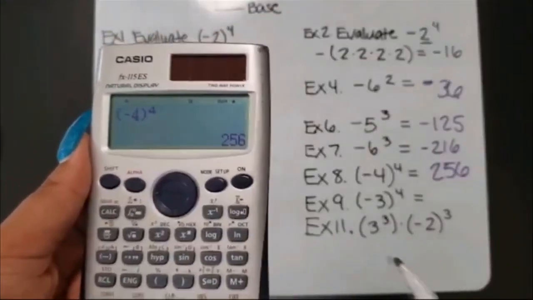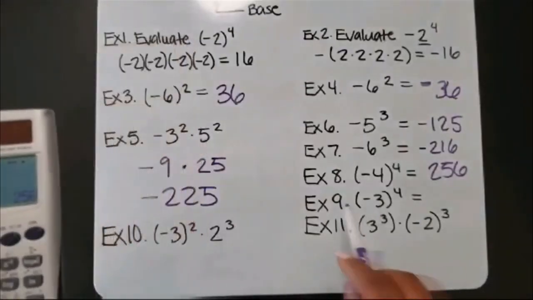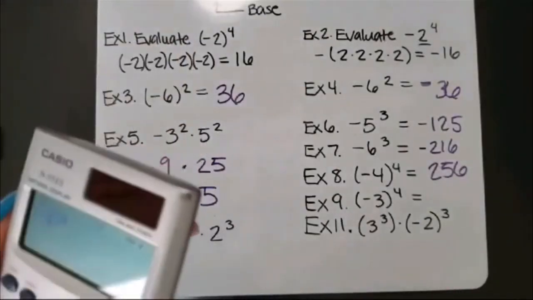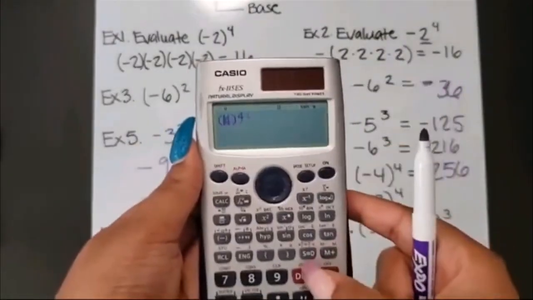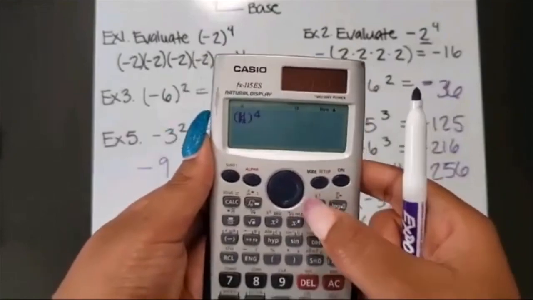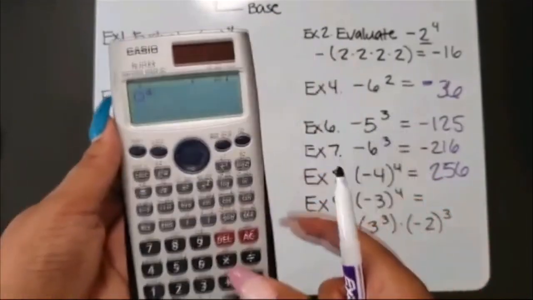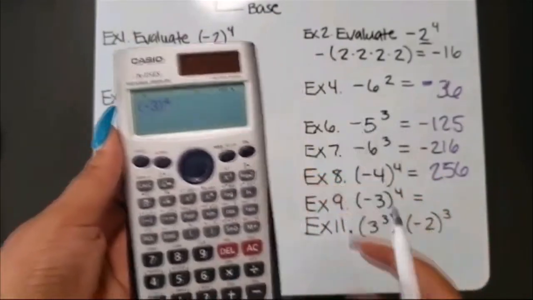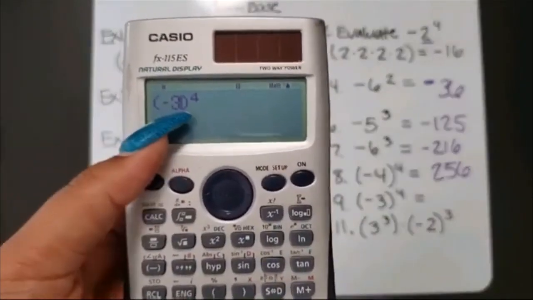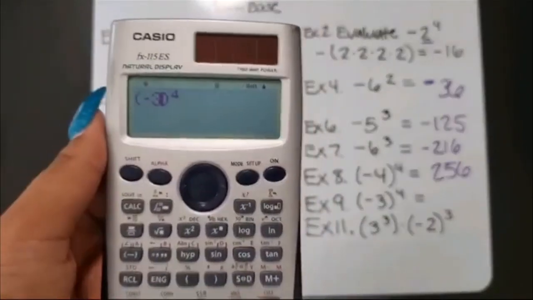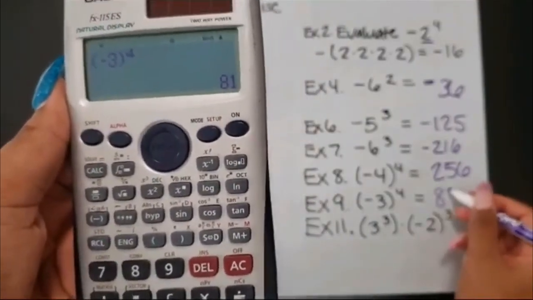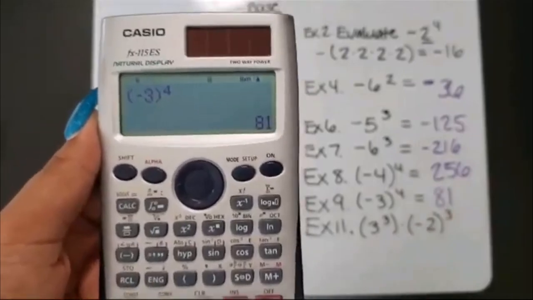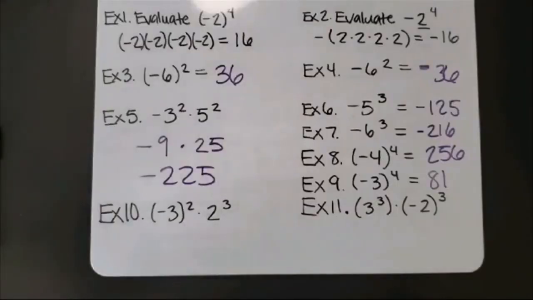Okay, so for number 9, if we put that in the calculator, you guys should have negative 3 inside of parentheses to the power of 4, and you should have 81. For example 10, let's work through it together to make sure we got it down, okay?